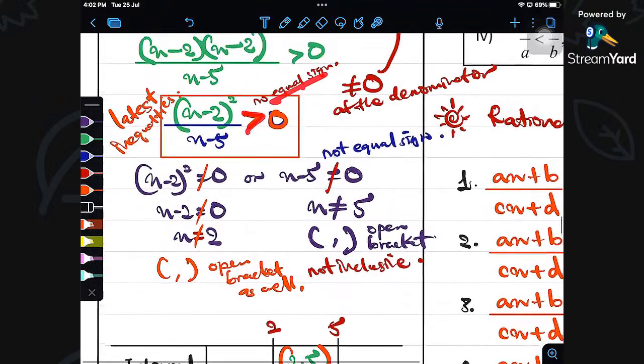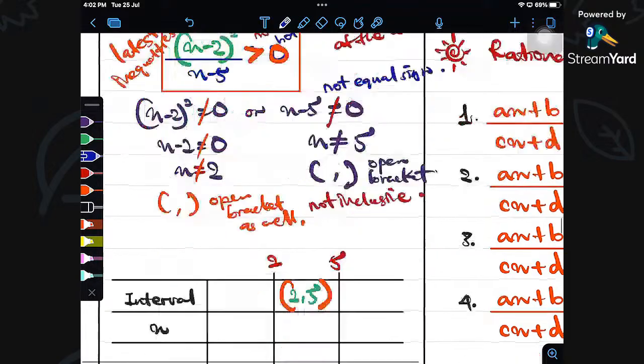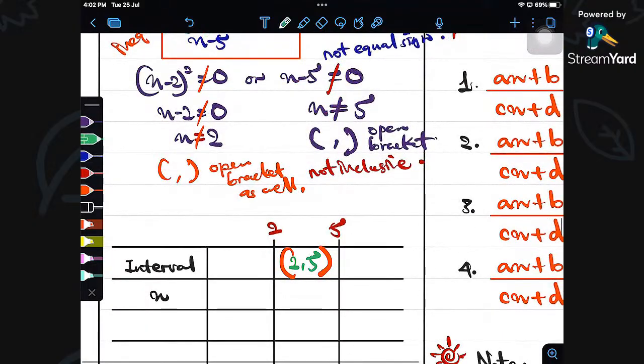No equal sign means not inclusive for both numbers. Both numbers are not inclusive. So from 5 towards infinity, and negative infinity to 2. So everything is open, don't be afraid.